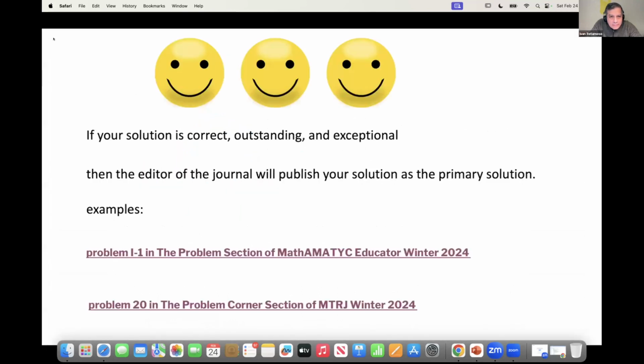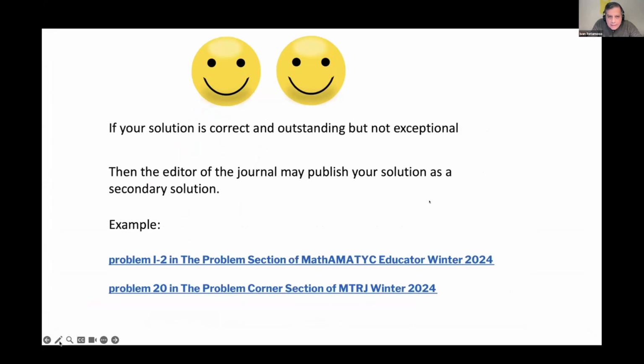Okay, so then we have the first scenario, right? Correct, outstanding, and exceptional. Next scenario is this. Your solution is correct and outstanding, but not exceptional. What happens then? Well, then the editors of the journal may publish your solution as a secondary solution.